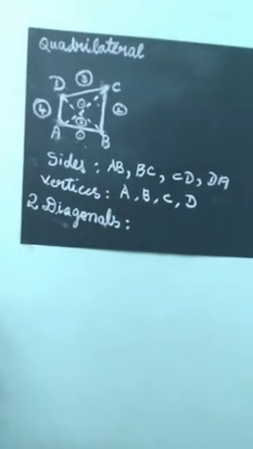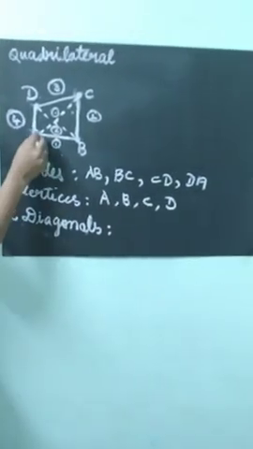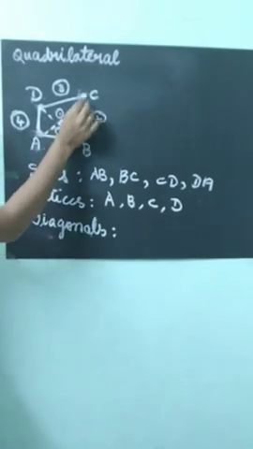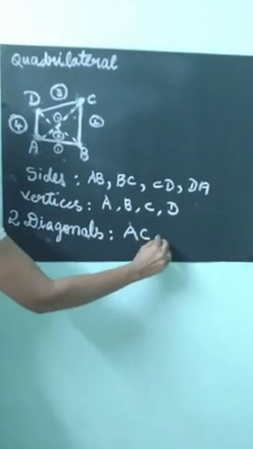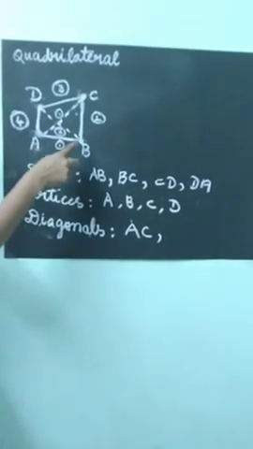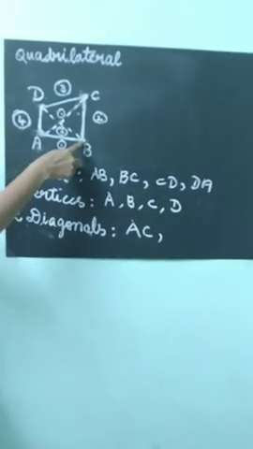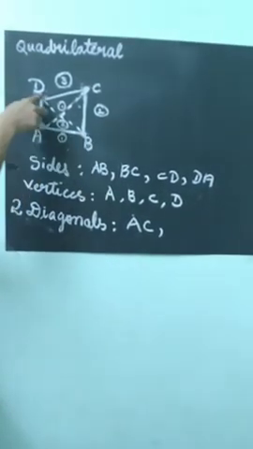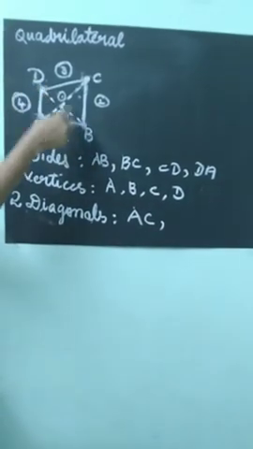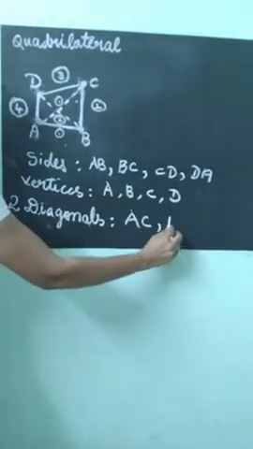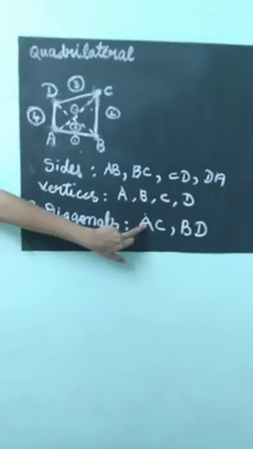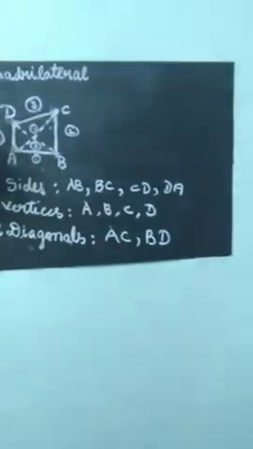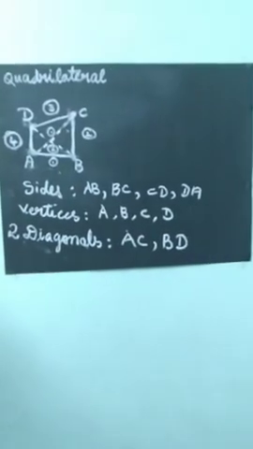The first diagonal is AC, and the second diagonal is BD. That's all. This is a quadrilateral.